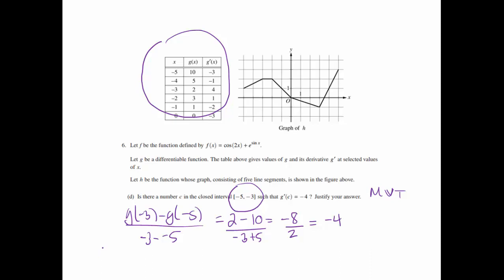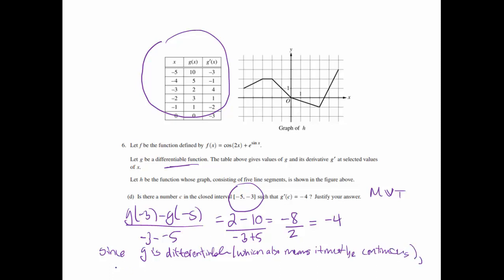I'm going to say, since g is differentiable, because they told me that g is differentiable, and remember, we also have to say continuous, which also means it must be continuous. So you have to mention differentiable and continuous.